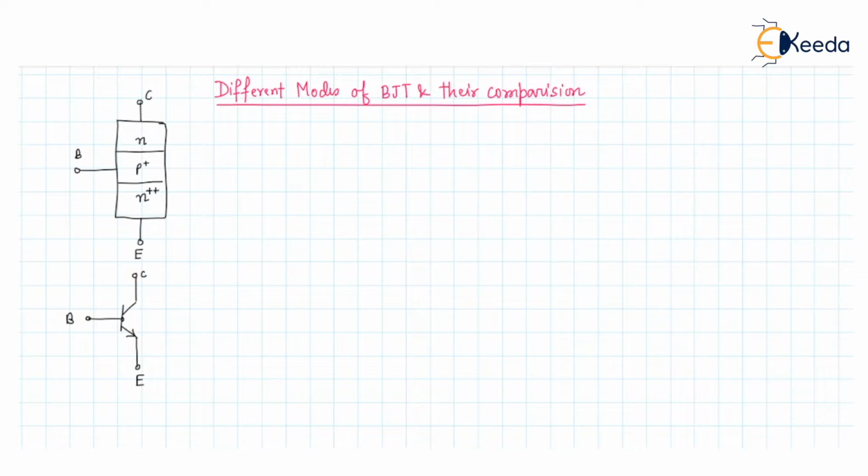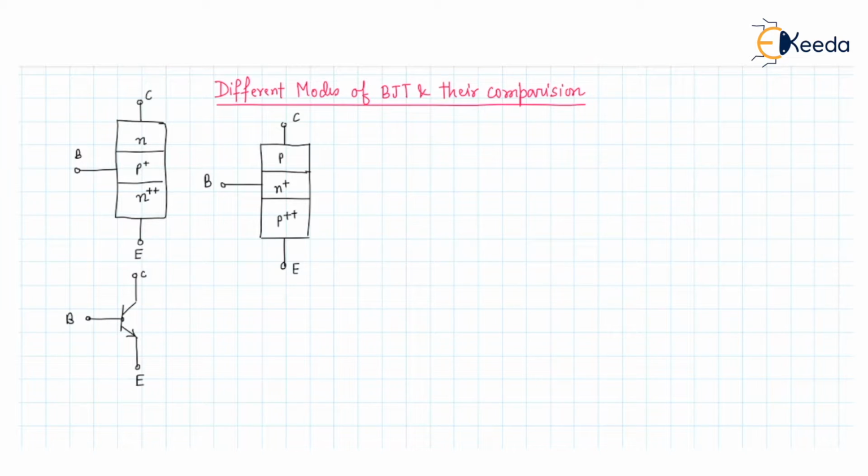Similarly, if we go for the PNP transistor, first let us draw the block diagram of a PNP transistor. This will be the block diagram where this is the P plus plus, this is N plus, this is P. This will be the base region, this will be the collector, and this will be the emitter.